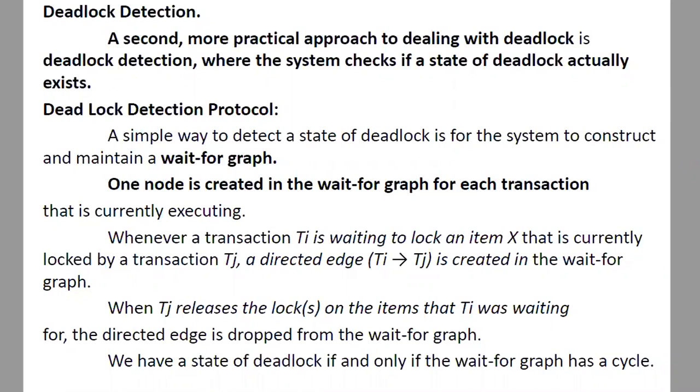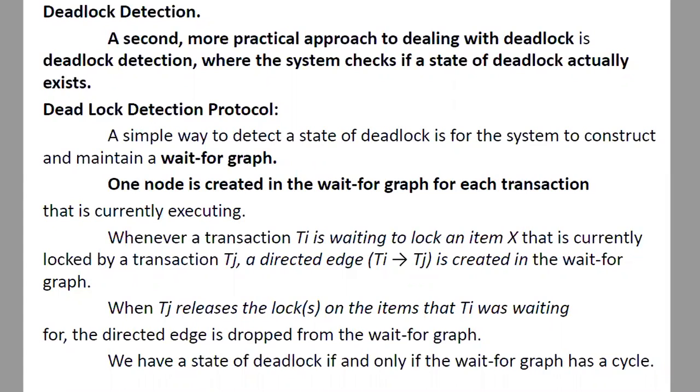So in this particular deadlock method, obviously we'll be using a directed graph, or otherwise a wait-for graph. By drawing a wait-for graph among the transactions as well as the data items that are used by the transactions, if the wait-for graph forms a cycle, then you can understand it forms a deadlock.